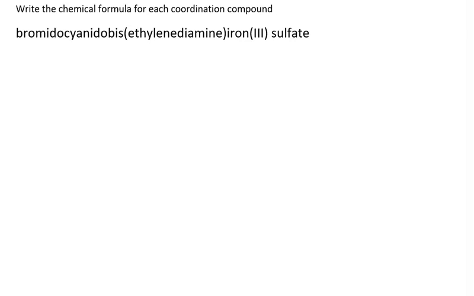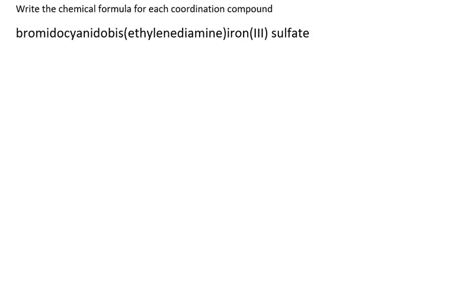In this example, we're going in the opposite direction. And I know that the names can sometimes look like a big mess. It's important to just take it piece by piece, figure out what all the parts are, and then what you need to do with them. A coordination compound will always have a cation, a space, and an anion.